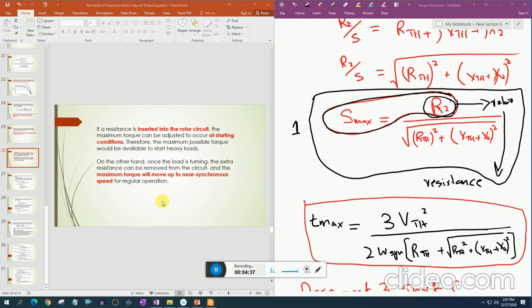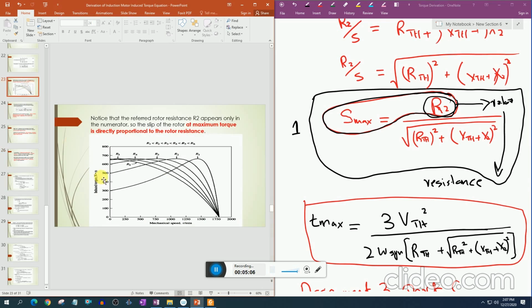So this has one advantage: if a resistance is inserted into the rotor circuit, the maximum torque can be adjusted to occur at starting condition. For example, if a high load is connected to the induction motor, high starting torque is required, so a high value of resistance is adjusted so that the maximum torque occurs at the start, like R5 or R6.